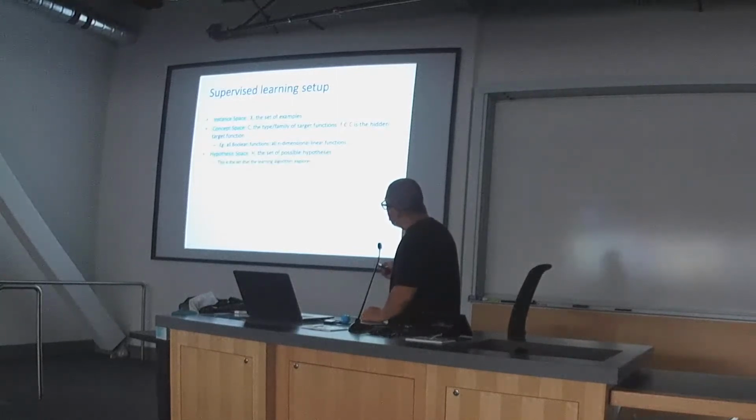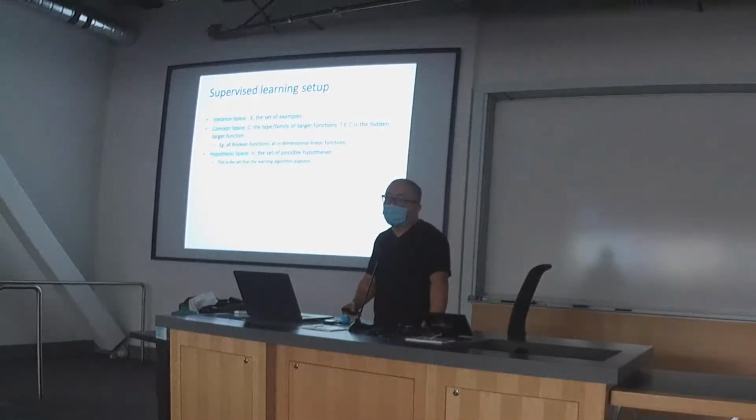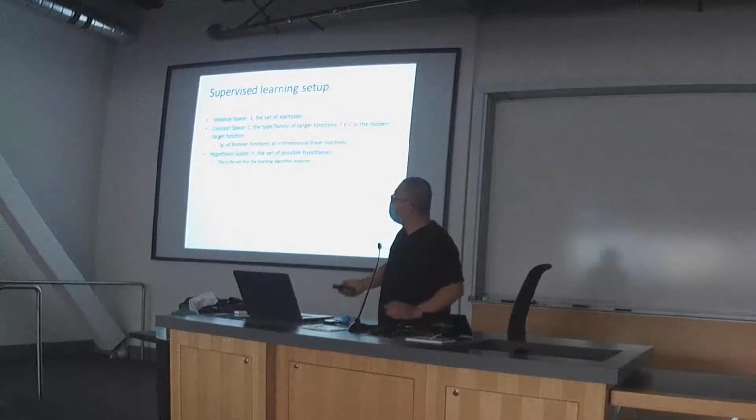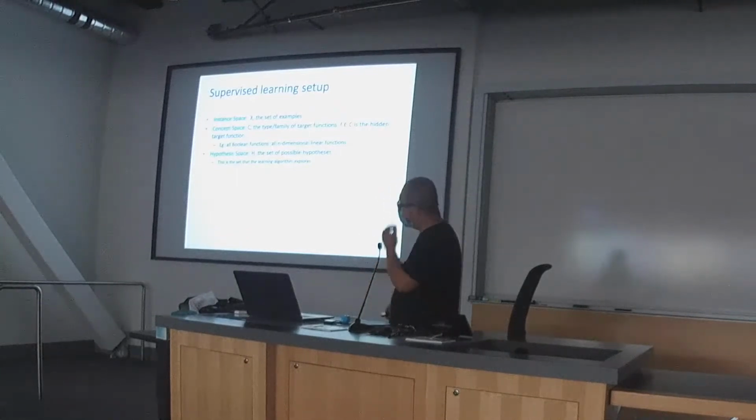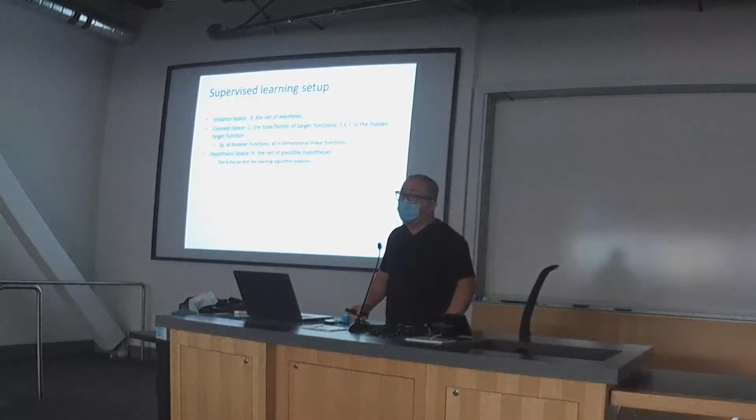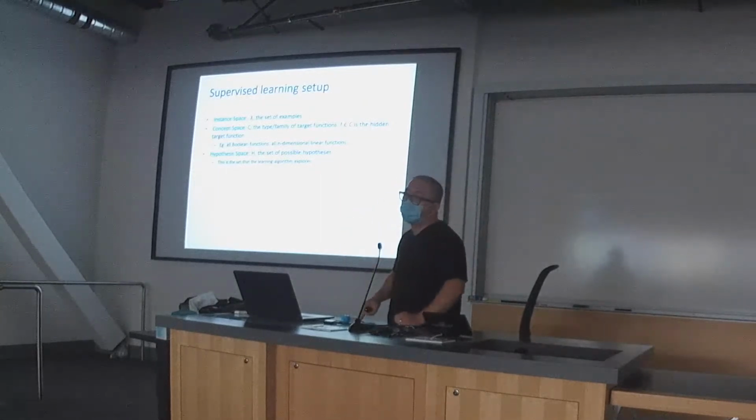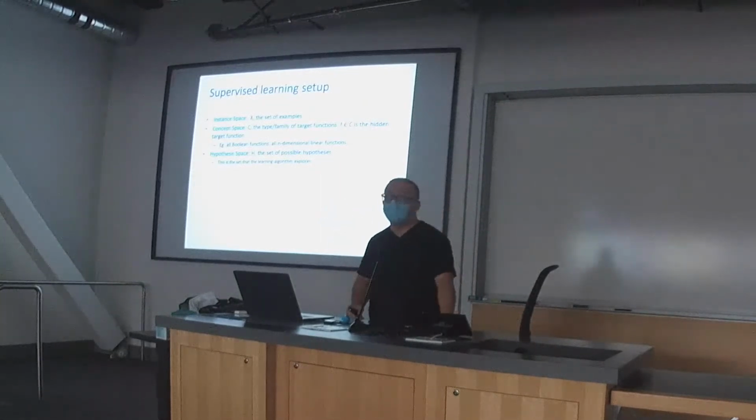And in the training procedure, we also need to define a hypothesis space, H, which is another set of functions. The hypothesis space essentially defines the search range. The biggest difference is that in practice we often do not know the exact concept space, or we have to assume a very large concept space. Suppose you want to predict the stock price. Do you know what type of target function it is?